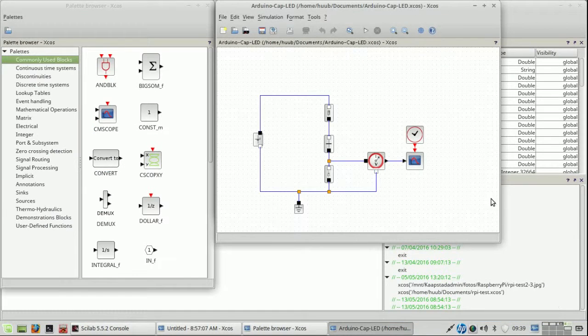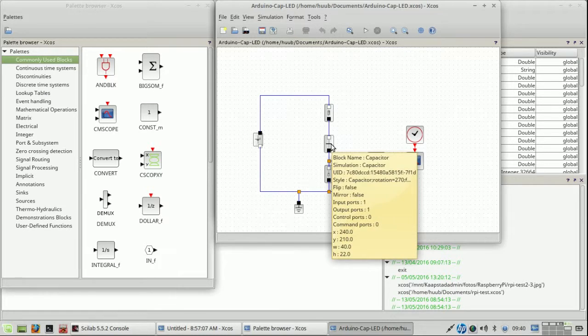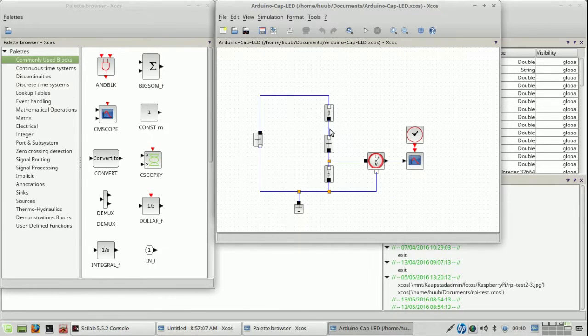And with that I change here for the Xcode simulation. The inductor has a value of 100 microhenry, and the question is, where should I put it? I think I should put it here.